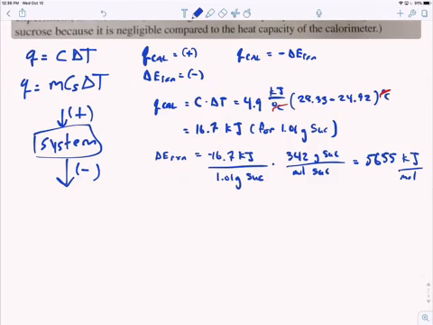Oh, I forgot the negative sign. Of course, kilojoules means 1,000 joules. But typically in chemistry, it's considered bad form to put things in megajoules. So usually you put it in kilojoules. And what's commonly used then is negative 5.66 times 10 to the third kilojoules per mole.